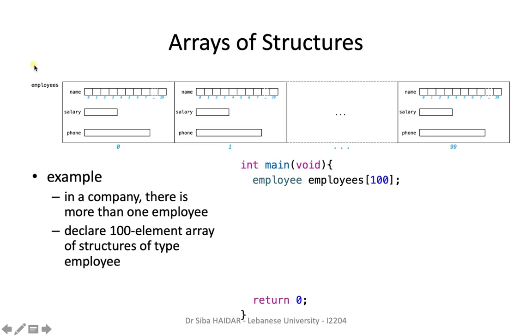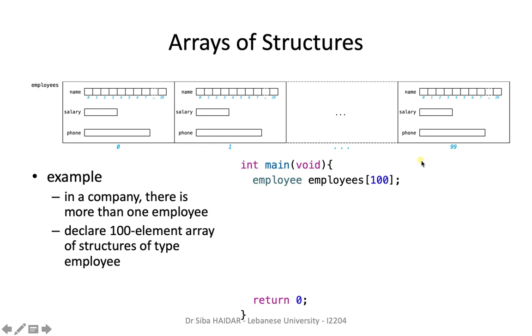I will skip for now that employees is a pointer to simplify the schema, and employees is an array of 100 elements, each of which is of type struct. So each element in the array, 0, 1 until 99, can hold a structure of type employee. It has 3 fields: name, salary, phone. Name, salary, phone until 100.